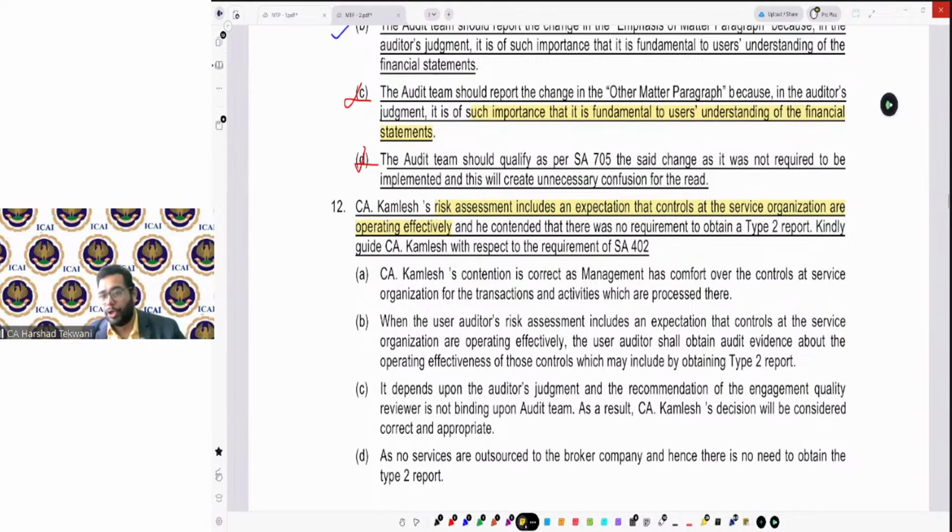If I want to rely on it, I should be aware of who should prepare a type 2 report, so that I can obtain it from that person. Who is the responsible person for preparing this kind of report?